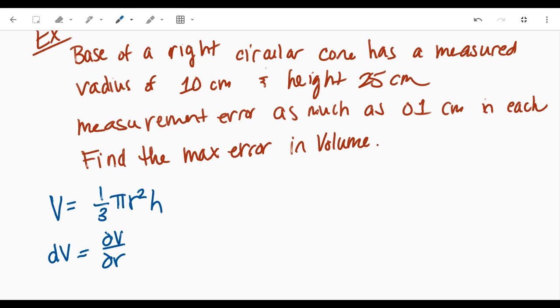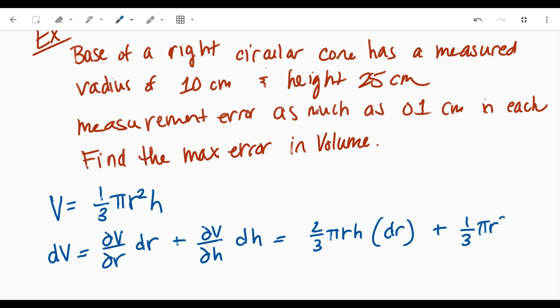So we're just swapping out variables. Instead of x, y, and z, we are using r, h, and V. And then the partial in h times dh. Your partial in r would be 2/3 pi rh, and then dr. And then your partial in h would be 1/3 pi r squared, and then we're going to have dh.